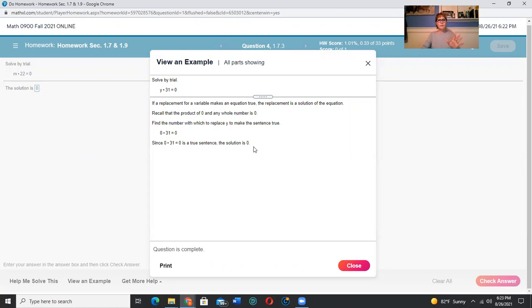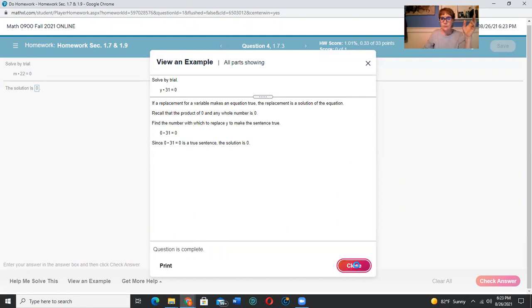Now, this can be helpful. These view an example features can be helpful because sometimes Pearson wants your answer in a certain way. And if you're not sure what the answer should look like, you can view an example, go through that and see what their answer looks like, and that's how you will type your answer in. All right.